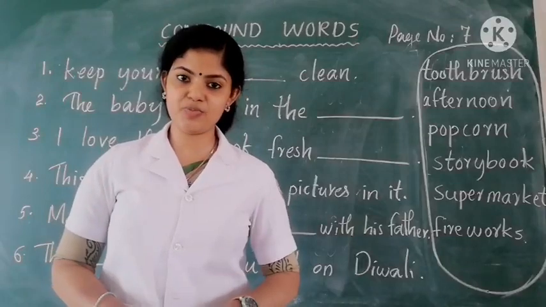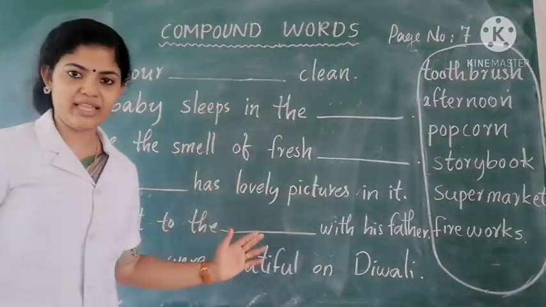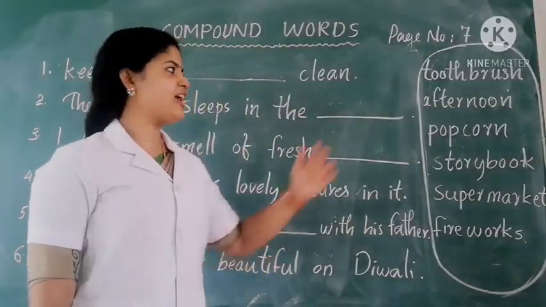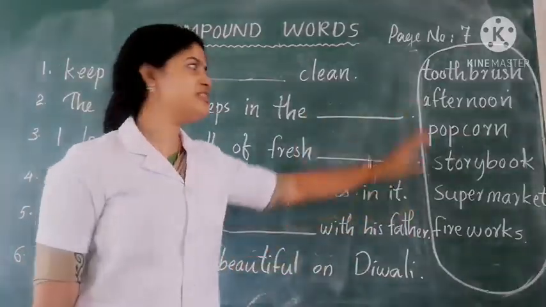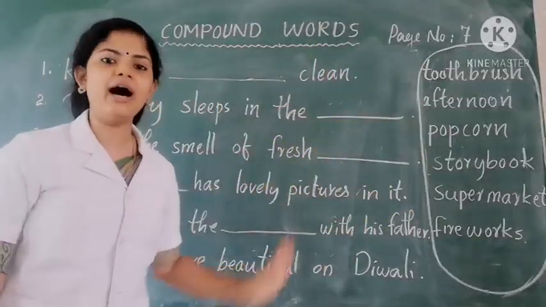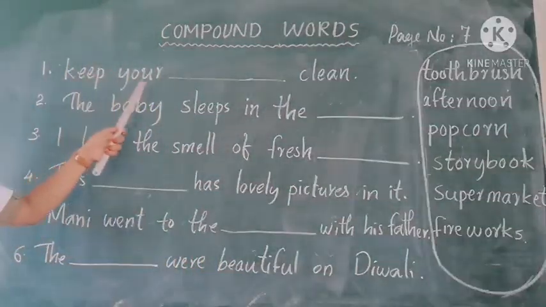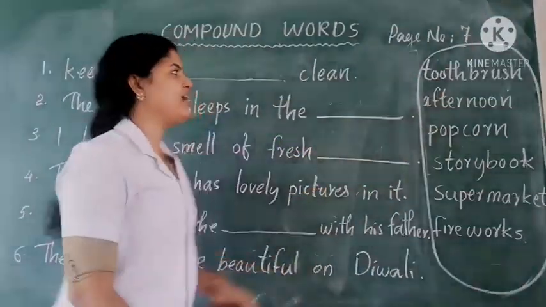Children, take your textbook page number 8. We have to fill the blanks with the compound words we formed. Okay, it's easy. We already formed the compound words. We have to just add the compound words to the blanks. See the first one. Keep your dash clean. You have to write the first one.